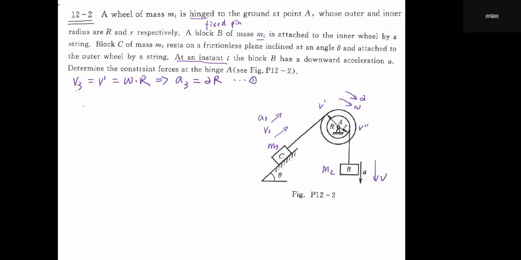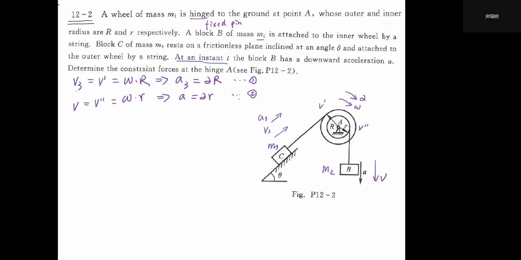And for the same reason, the downward velocity v also equals the velocity of this point, double prime, which has the same angular velocity but a different radius. So our acceleration a equals alpha R. This is another very important relationship too.